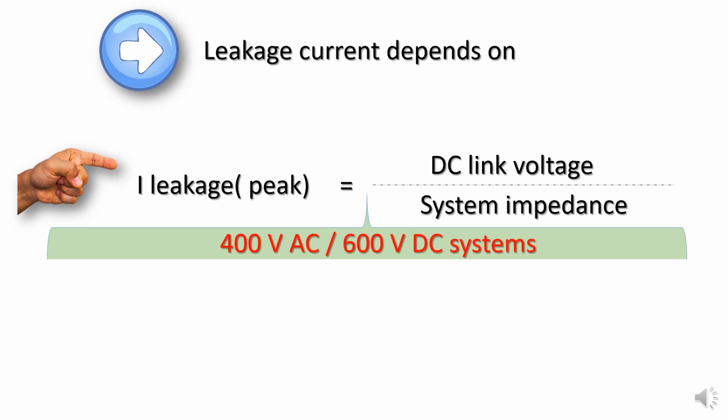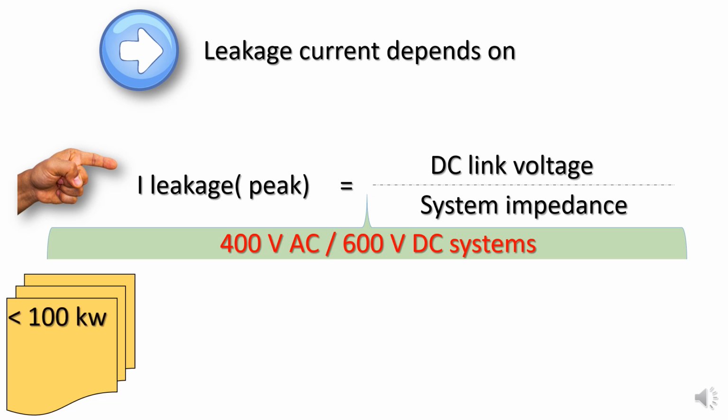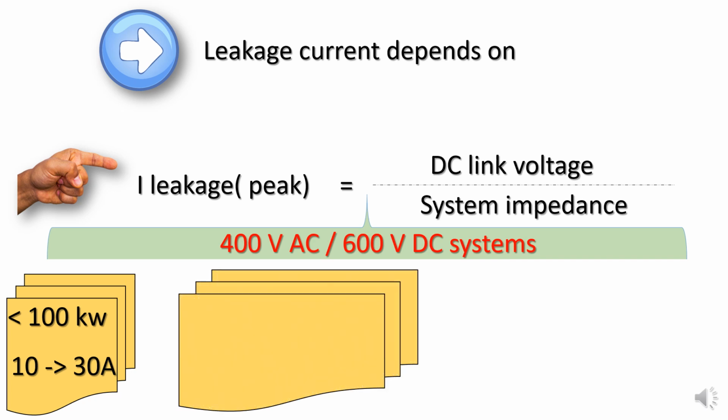Now, if we have a 400 volt AC system, then approximately 600 volt DC bus level is there. In case the VSD rating is less than or equal to 100 kilowatt, the I peak leakage current, by thumb rule, is in between 10 to 30 ampere only.